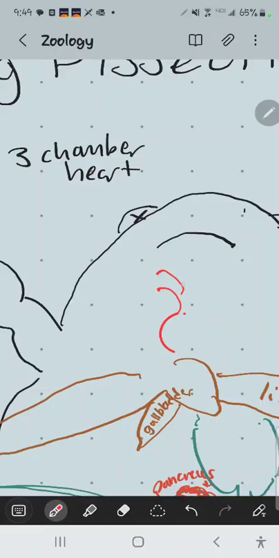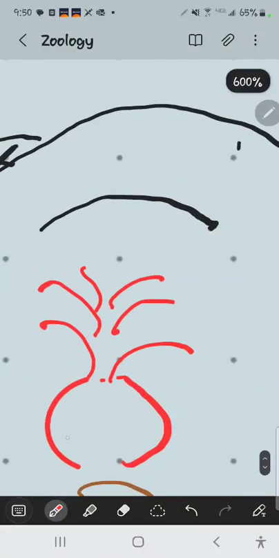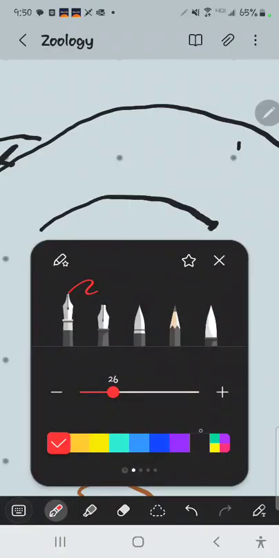I'll put a V there. I'll draw a heart here more elaborate, but the ventricle is there, and then rather than having a single atrium with a sinus venosus, we have 2 separate atria. And so what that looks like is there is a left atrium, which is probably homologous to the atrium that occurred.